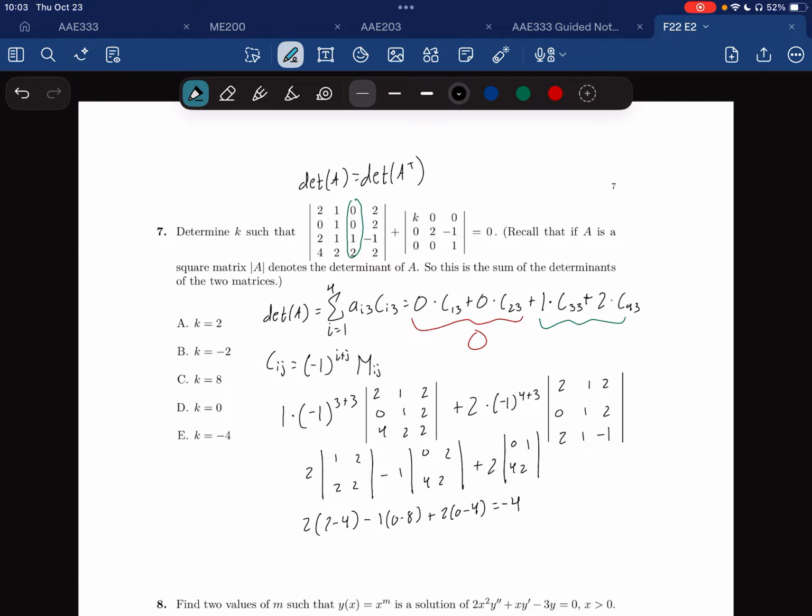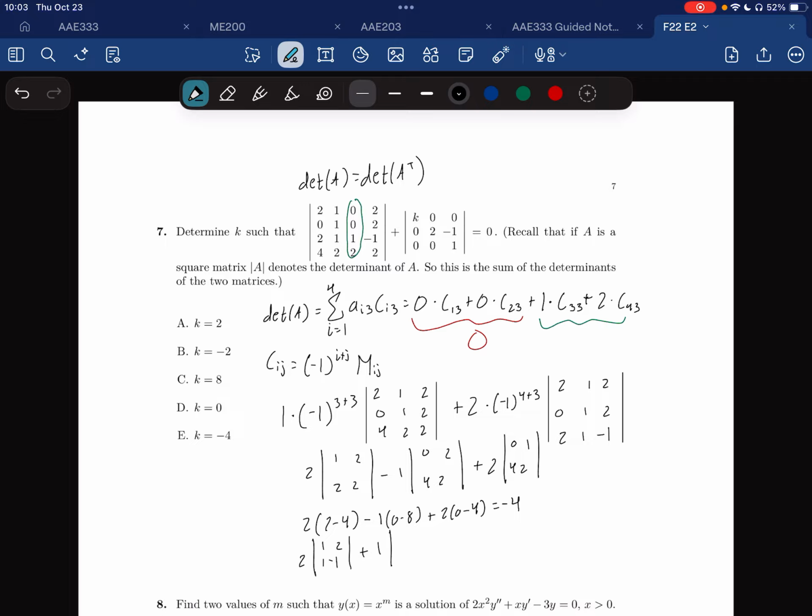And now let's do the same thing for our other matrix here. We have 2 times the determinant of 1, 2, 1, -1, right?